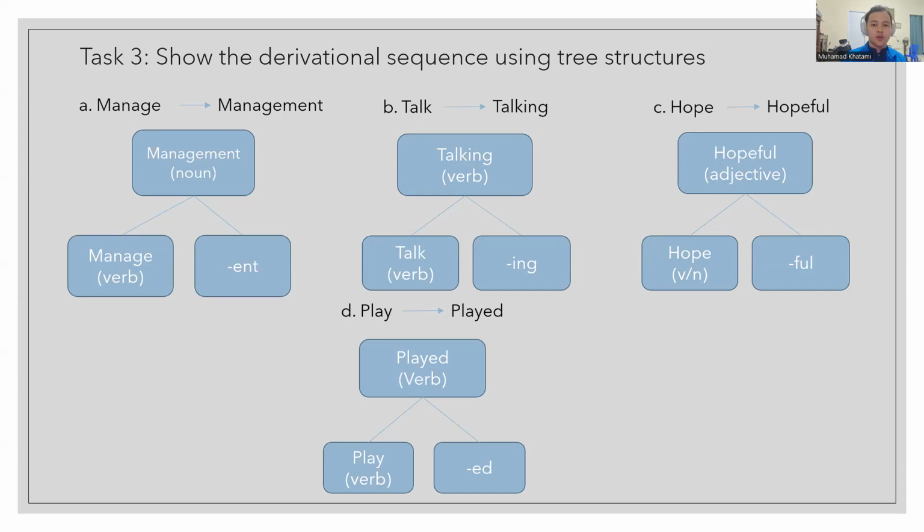And then the third one is hopeful, the adjective, that has the root word hope, which can be a verb or noun, with the added suffix of ful. And also the last one, played, with the root word play as a verb, with the suffix ed.